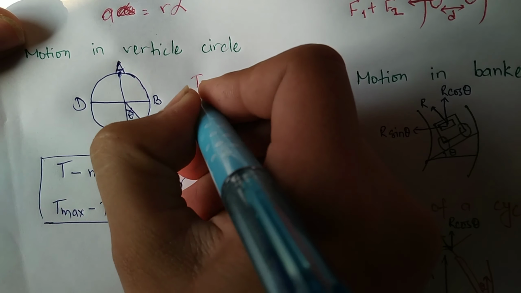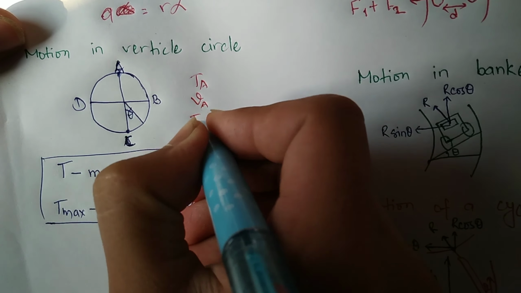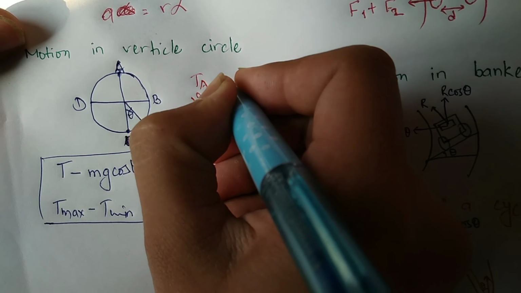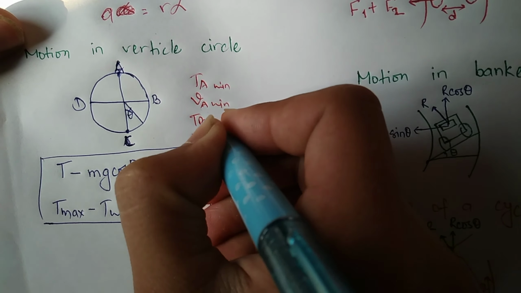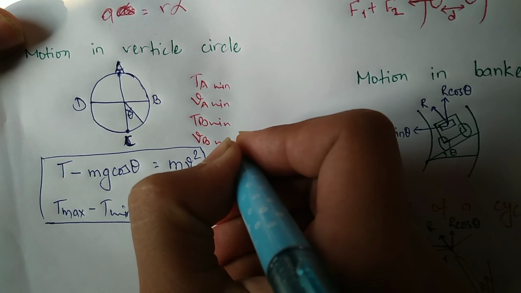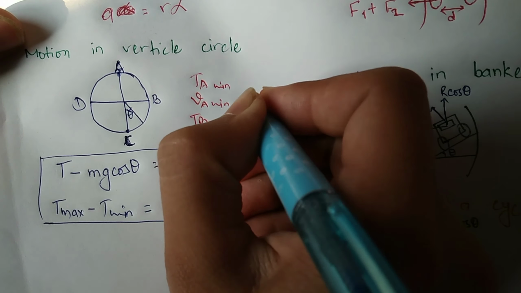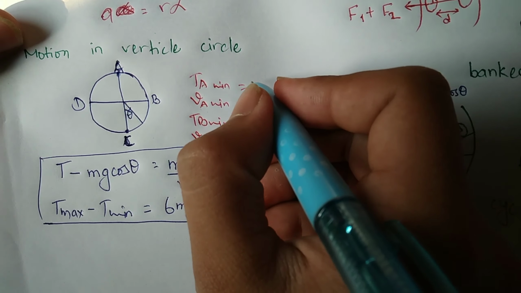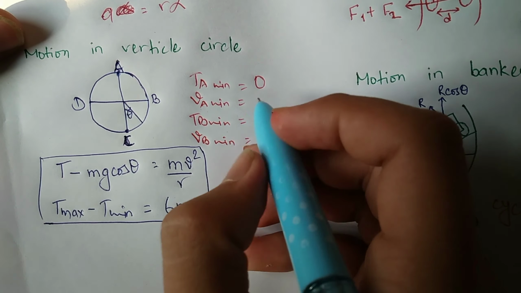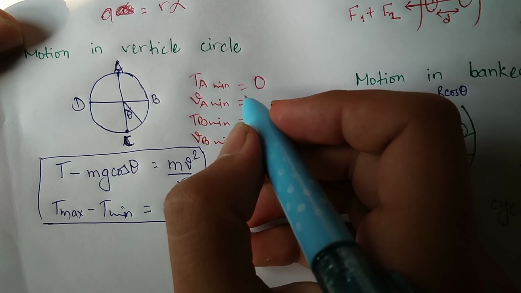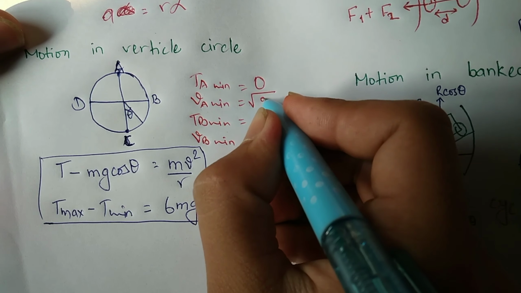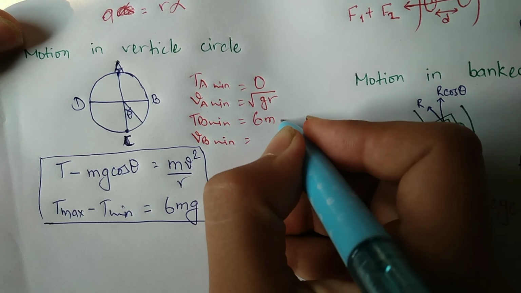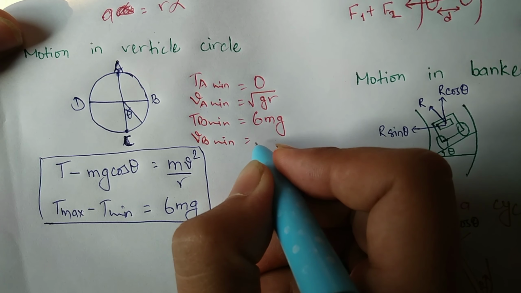So now to keep the body in motion, these are all minimums. T_A minimum will be 0 or near 0. Then V_A minimum will be root gr. T_B minimum will be 6 mg, and then V_B minimum will be root 5 rg.